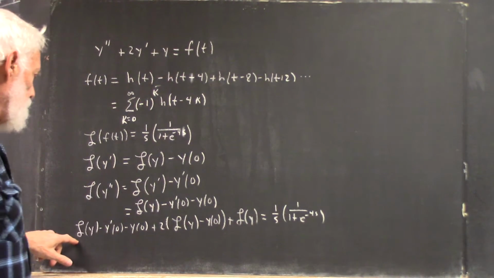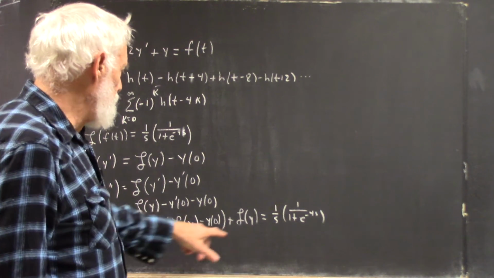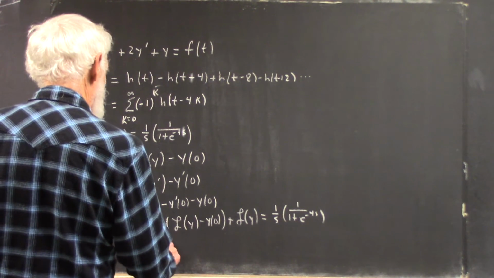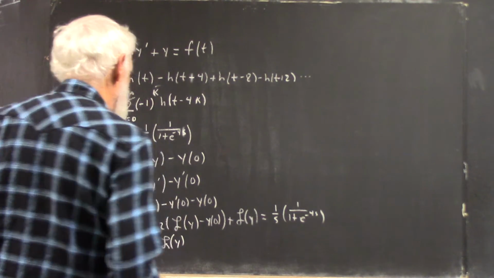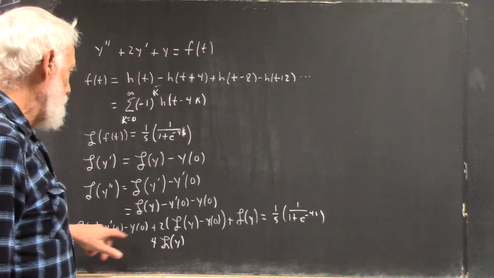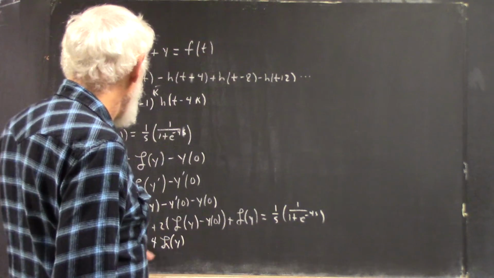We got the Laplace transform of y, and we got 2 Laplace transform of y, and we got the Laplace transform of y. That gives us 4 times the Laplace transform of y. And then we're going to have y prime of 0, 3 y of 0.